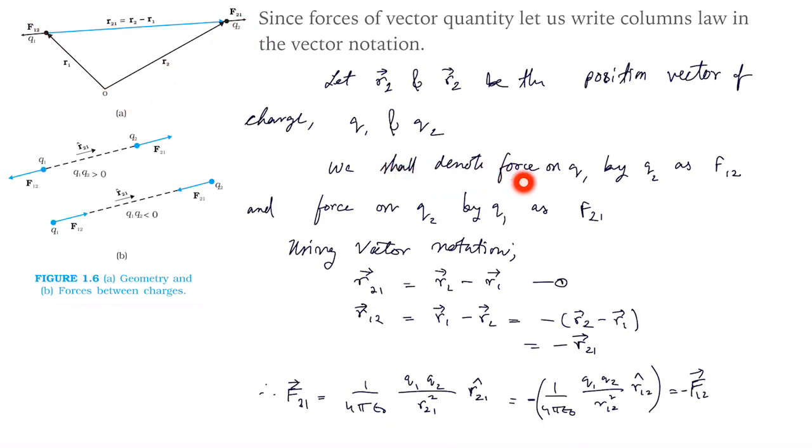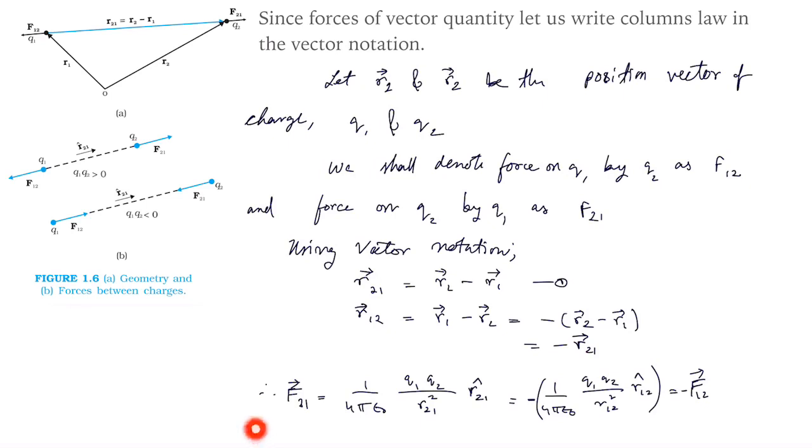We shall denote the force on Q1 due to Q2 as F12 and the force on Q2 due to Q1 as F21. The same goes for the notation of the radius vectors. The vector from Q1 to Q2 is R21, which is R2 minus R1, and the vector from Q2 to Q1 is R12, which is minus R21.